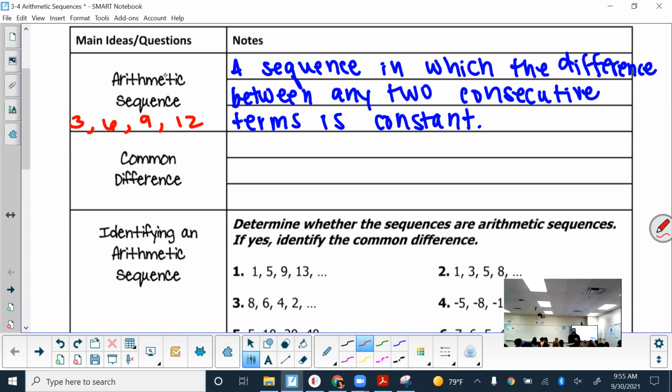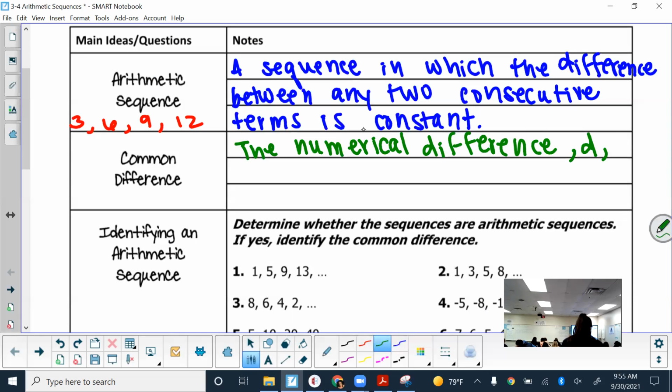So the common difference is the numerical difference, which is denoted by the letter d, between any two consecutive terms.